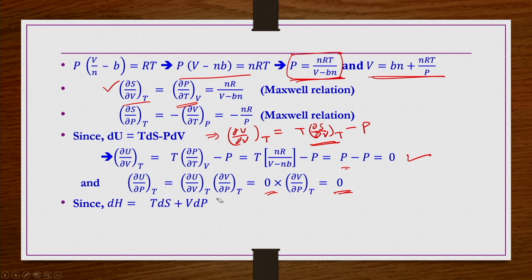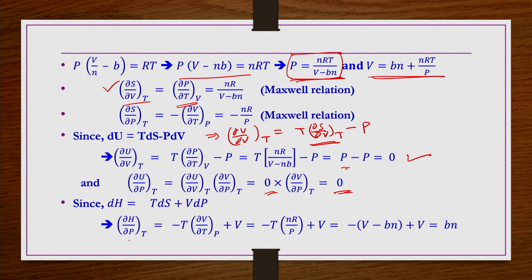Another relation that we have, dH equals TdS plus VdP. We need ∂H/∂P. So, from here we can have ∂H/∂P at constant T equals T ∂S/∂P at constant T plus V ∂P/∂P, and ∂P/∂P is nothing but 1.